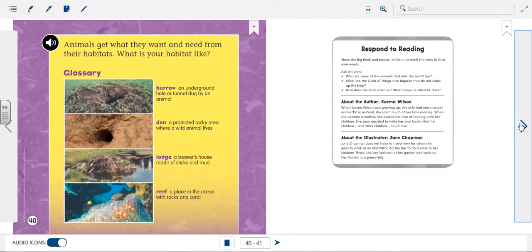Now, let's look at our glossary again. The glossary has the word reef, which was where our clownfish lived. And we can learn that a reef is a place in the ocean with rocks and coral. So once again, the glossary helps us learn about this word reef.